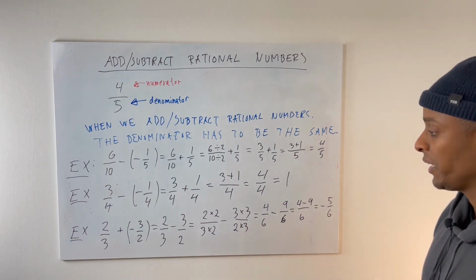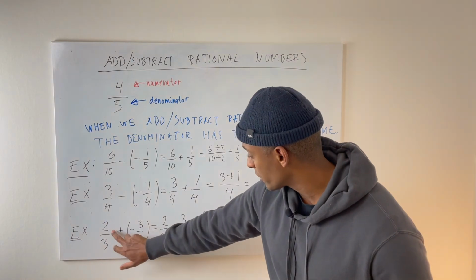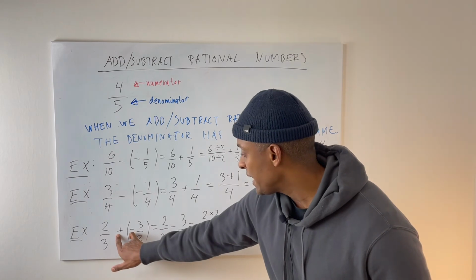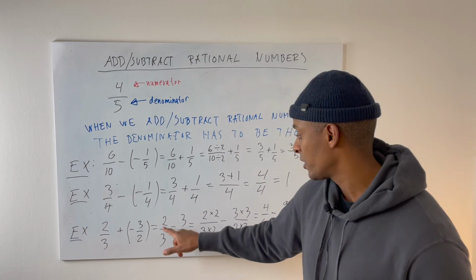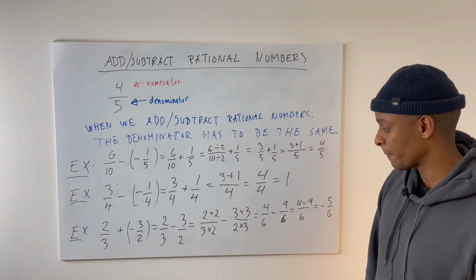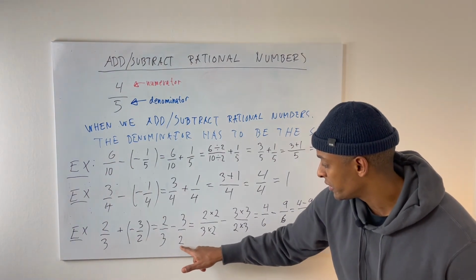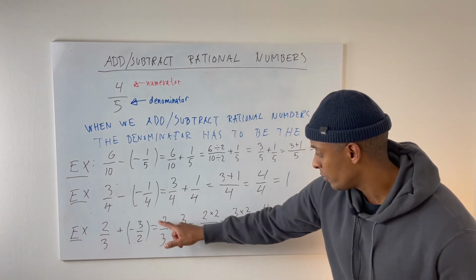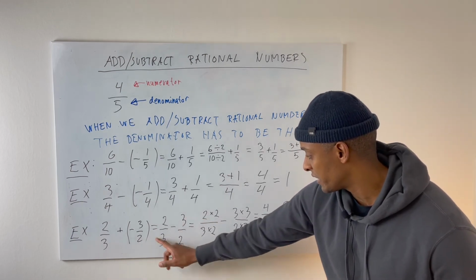So this was quite tricky. What happened here? Let's do it again. We took 2/3 plus negative 3/2. We cleaned this up because plus a negative number is just the same as subtracting, so it becomes 2/3 minus 3/2. That's a simplification. Now we wanted to make the denominators the same. So what we did is we multiplied this numerator and this denominator by the other denominator.